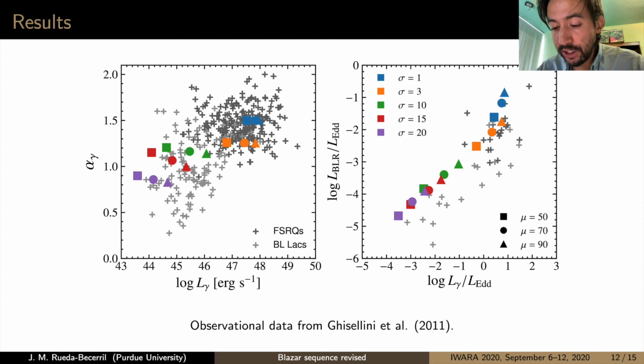Same thing for this plot, in which we compare the luminosity of the broad line region with the luminosity of the gamma ray band, both normalized to the Eddington luminosity. We can see again that FSRQs fall within the observations, and the BL Lac-like objects in the BL Lac objects observed.